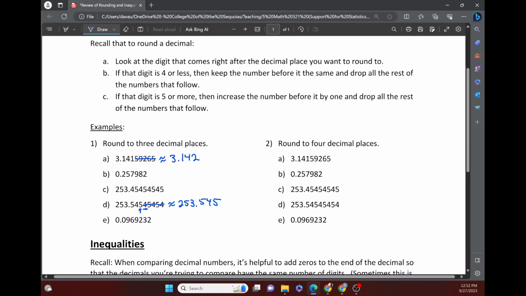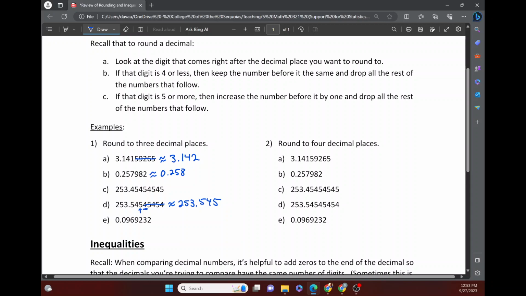Okay, so I'm going to give you my solutions now. For part B, I want to round to 3 decimal places. 9 means that the 7 needs to go up, so I'm going to call this 0.258. For part C, the third decimal place is this 4, so I look at the decimal that comes after it.